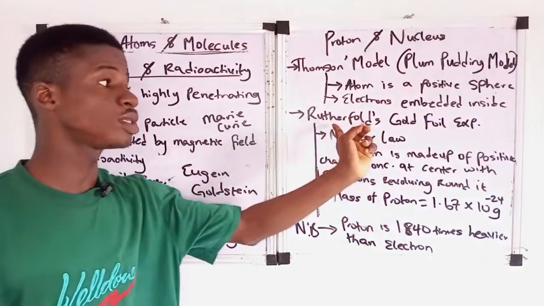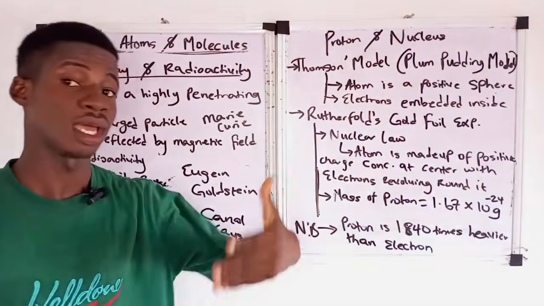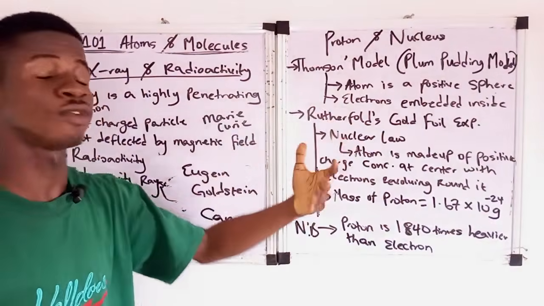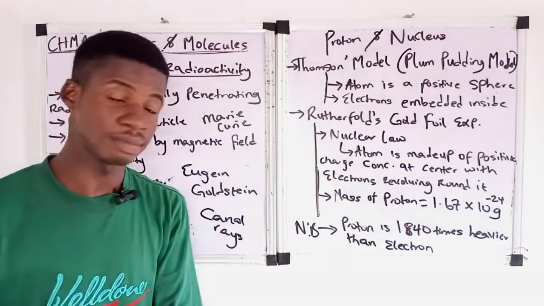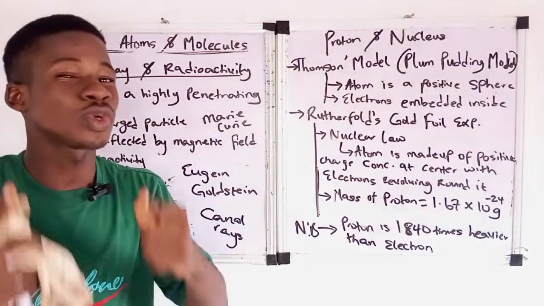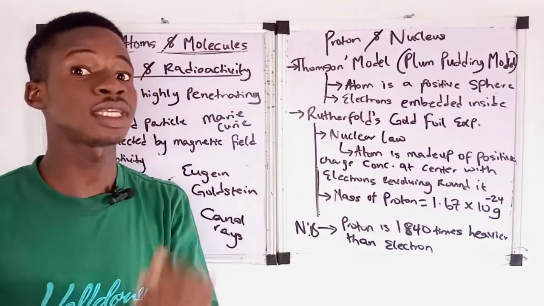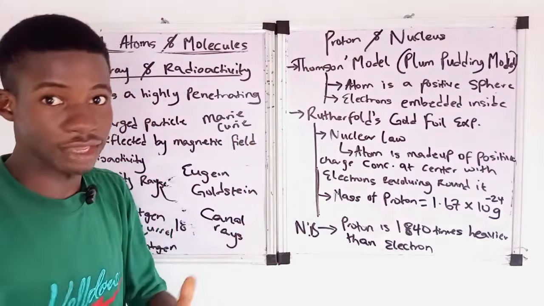Now this experiment was used to discover the proton and nucleus, right? Please take note that this gold foil experiment was not conducted directly by Rutherford. It was conducted by two students of Rutherford under his supervision.